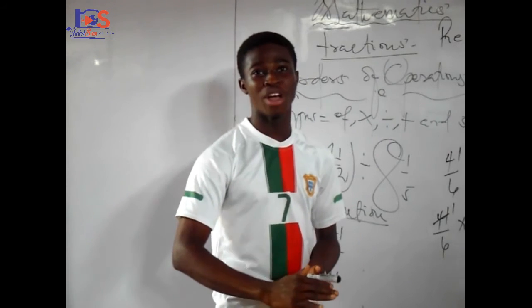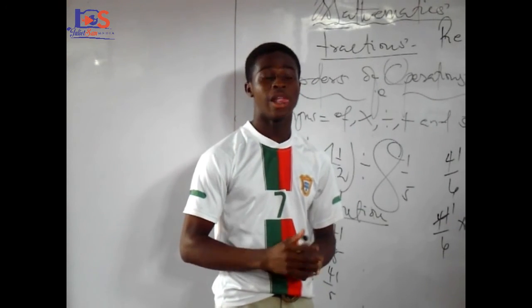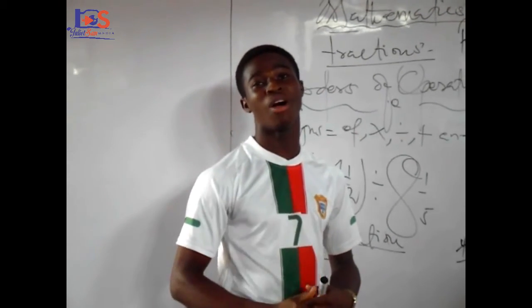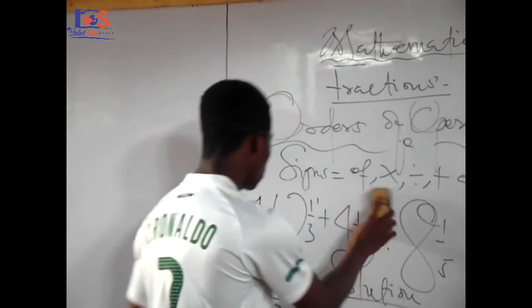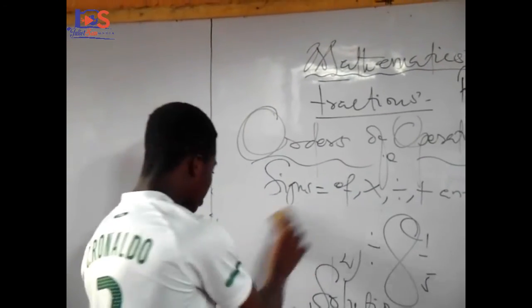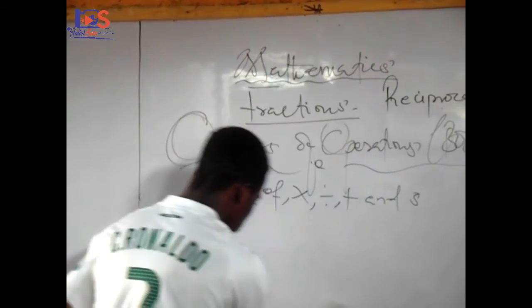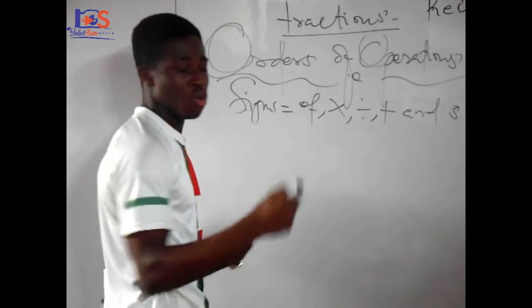Up to this point, I'll be giving you a homework whereby you will try it in your various homes. And when I give it to you, please do it and submit it to our WhatsApp line that you see on your screen. This is the homework. Take this homework and next week, I'll take it from each and every person. You have 2 homeworks.